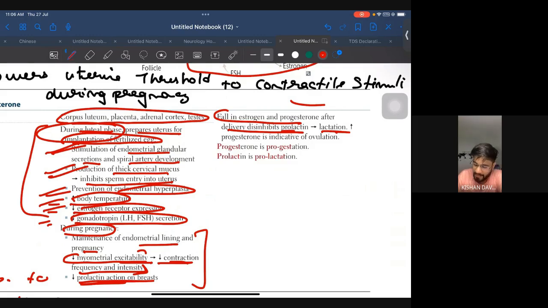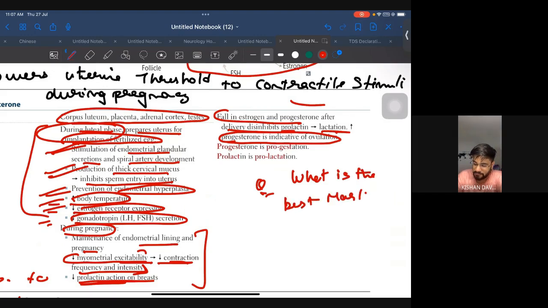Okay, simple है. So progesterone is an indication of ovulation. If in the question they ask, they will give you the case ki a 20-year-old came, pregnant, with symptoms and signs of pregnancy, and now they will ask what is the best marker for pregnancy, or you can even say ovulation.